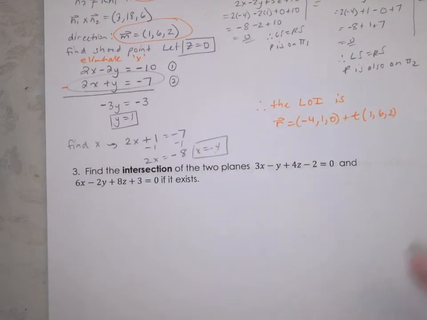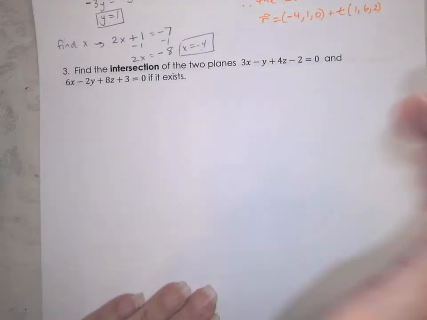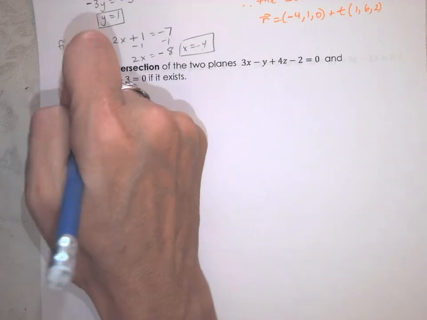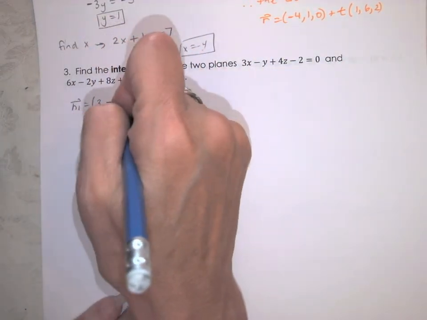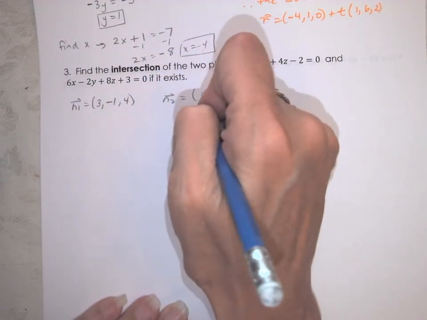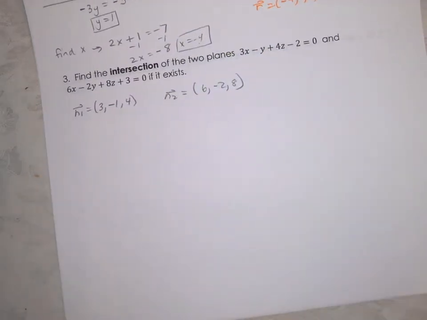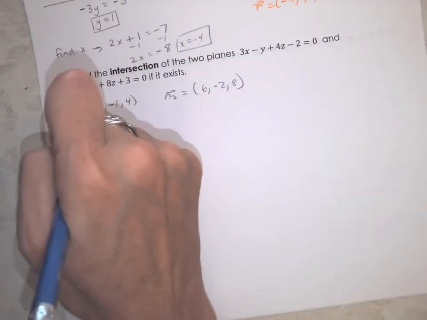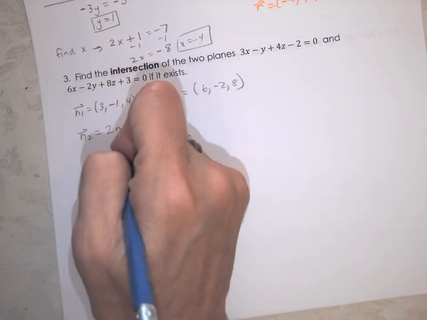Okay, question 3. Find the intersection of the two planes if it exists. First we're going to look at the normals. The normal of the first plane is 3, -1, 4, and the normal of the second plane is 6, -2, 8. Those are scalar multiples. I can see that n2 is equal to 2n1.